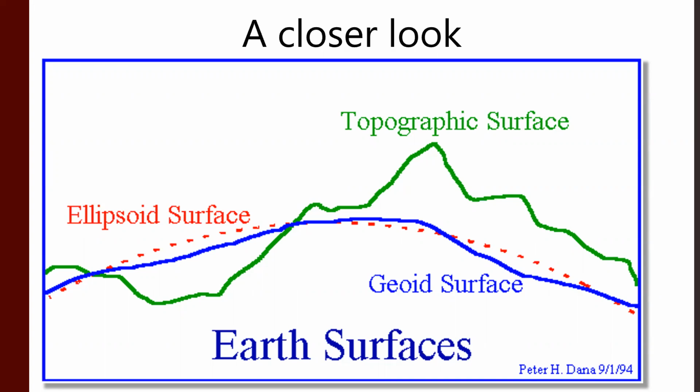How you do that generalization means that it's either best fit for the whole geoid or best fit for a certain area of the geoid. And then the ellipsoid can be above or below the topography. The geoid and ellipsoid are related in terms of math. Topography is independent of them both.